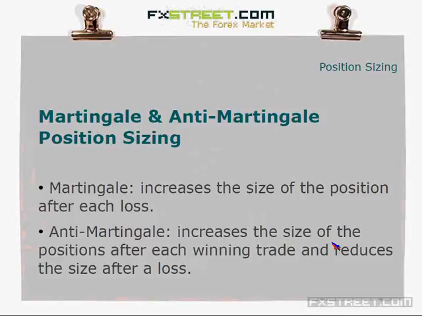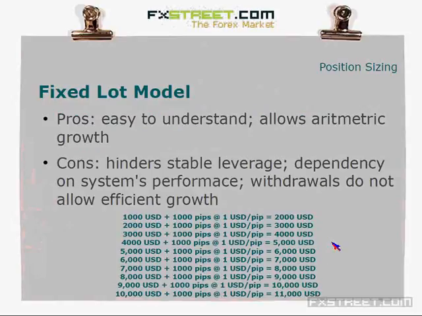We have also seen position management techniques like averaging up and averaging down. We have seen categorized position sizing, martingale and anti-martingale types of position sizing, and we started by covering different position sizing models.